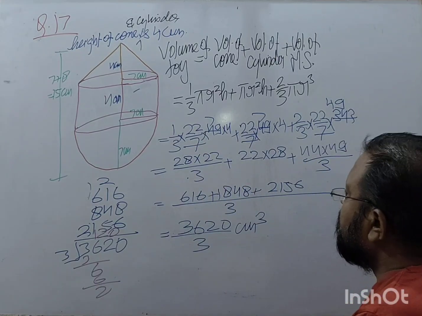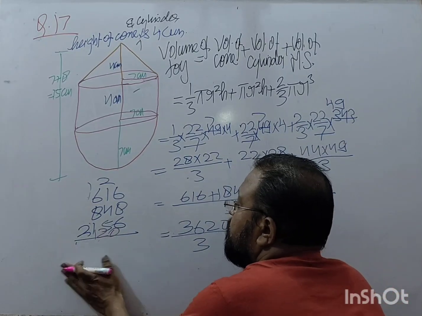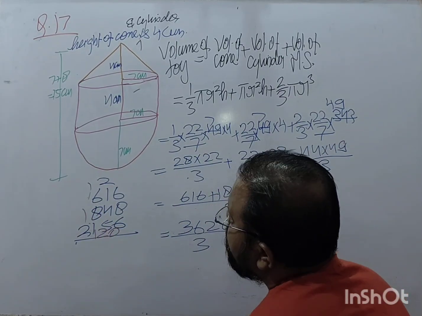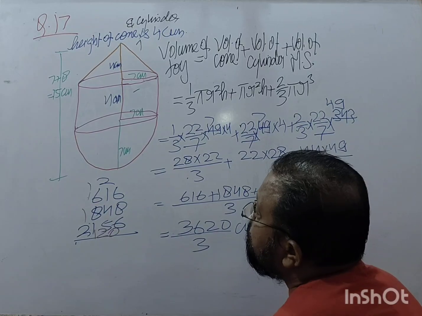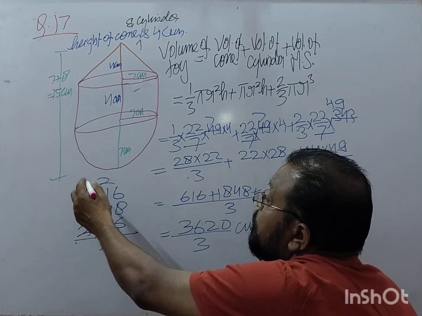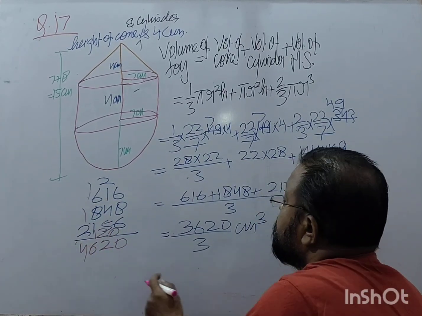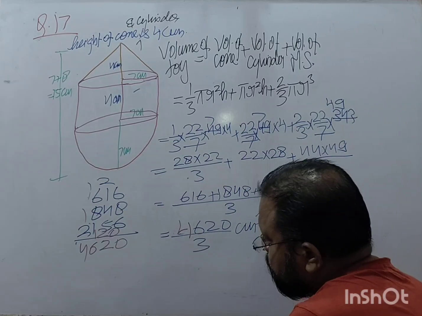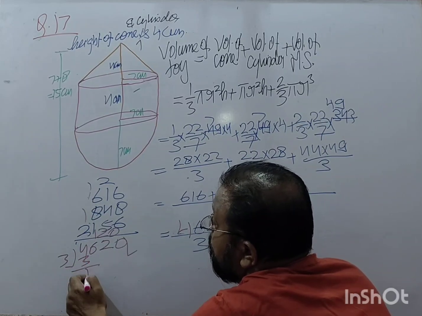Sir? This is 1848. So when we take 1848, then how much will it be? 4620. 4620 divided by 3. 1 times 3 becomes 1, 6.